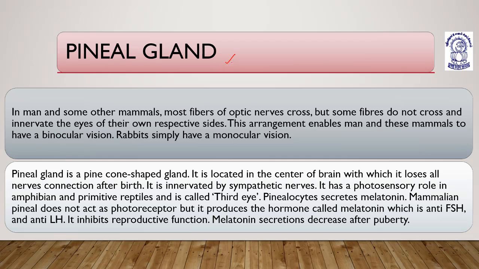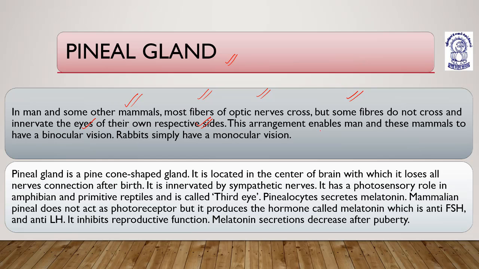Now comes the pineal gland. After the diencephalon, we move to the pineal gland. In man and some other mammals, most fibers of the optic nerves cross in front of the hypothalamus, but some fibers do not cross and innervate the eyes of their own respective sides.